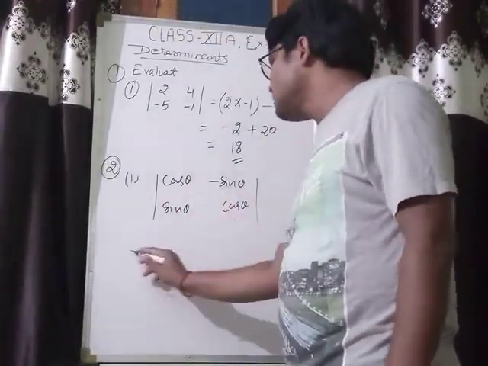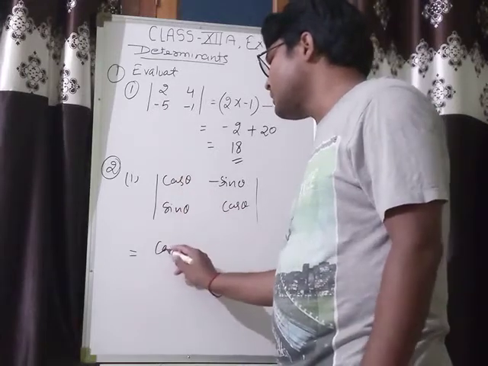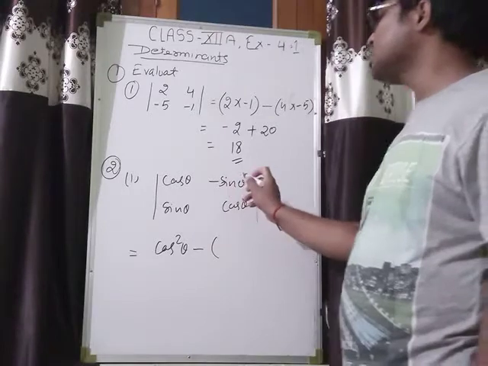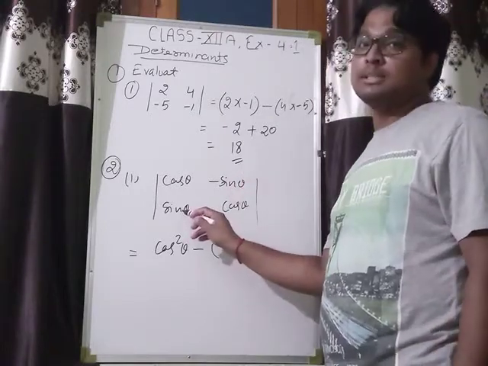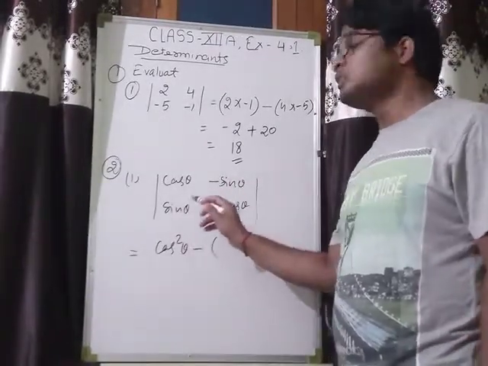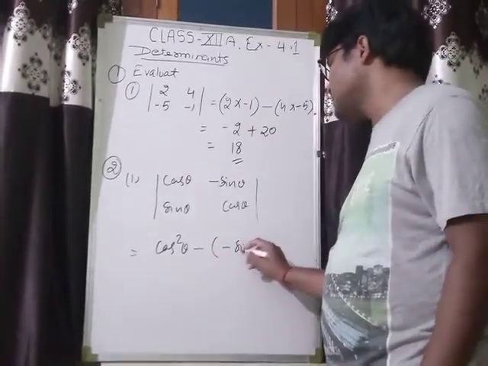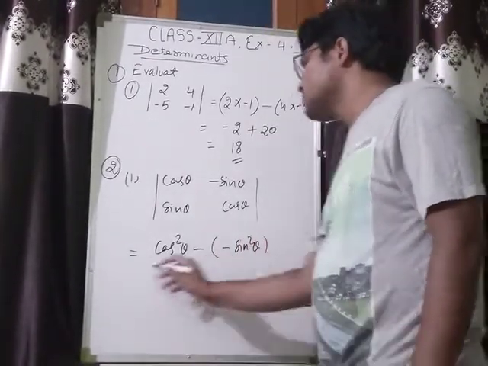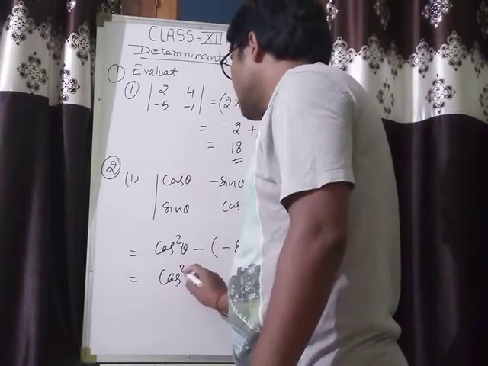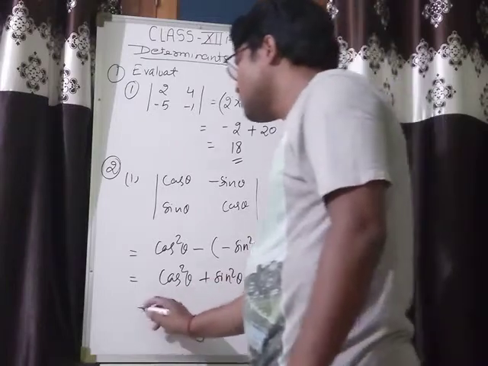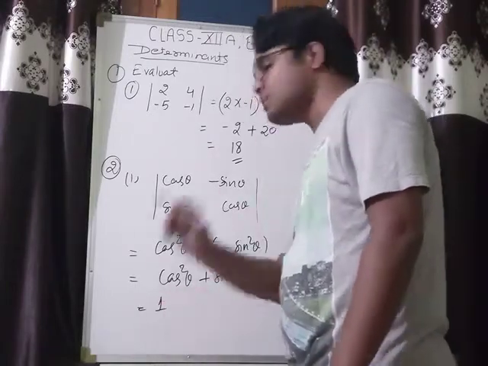Product of the diagonal, that is cos theta into cos theta, that will be cos square theta, minus the product of the off diagonal. You can see this is minus sin theta, this is sin theta. So minus sin theta into sin theta is minus sin square theta. So it will be cos square theta minus minus plus sin square theta, and we know that cos square theta plus sin square theta is 1.